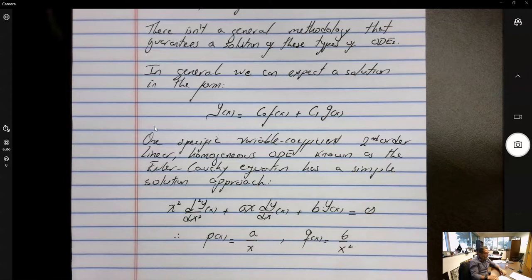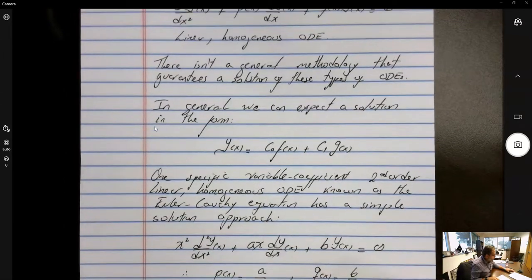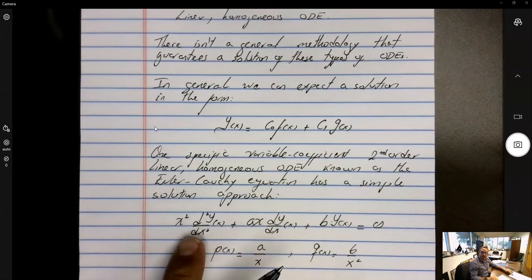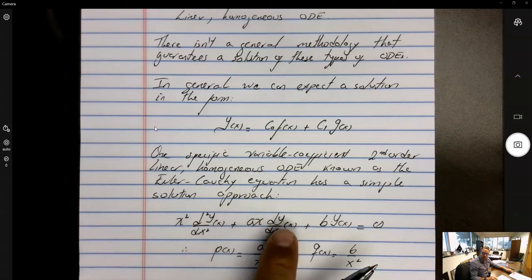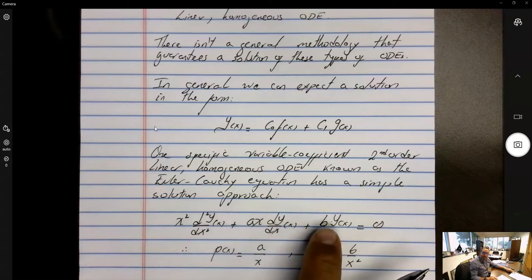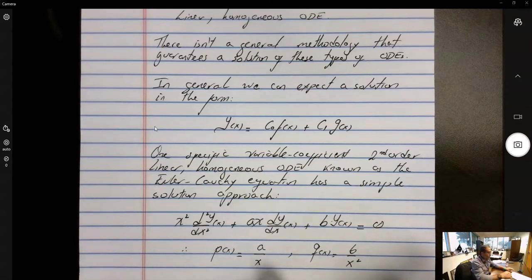But that's immaterial, because basically what would happen is that if the equation looks like this, and notice that there's a trend to this equation, we have a second order polynomial accompanying the second order derivative, a first order polynomial with the first order derivative, and a zeroth order polynomial with the zeroth order derivative.